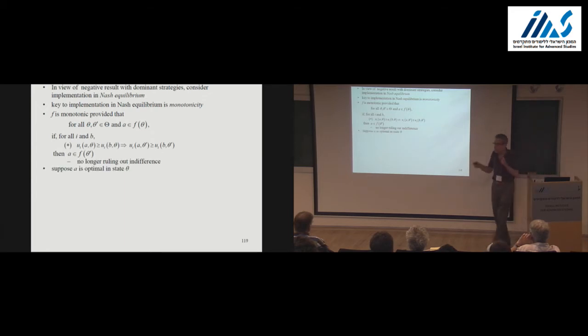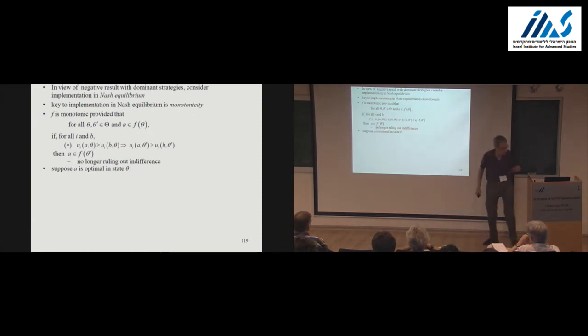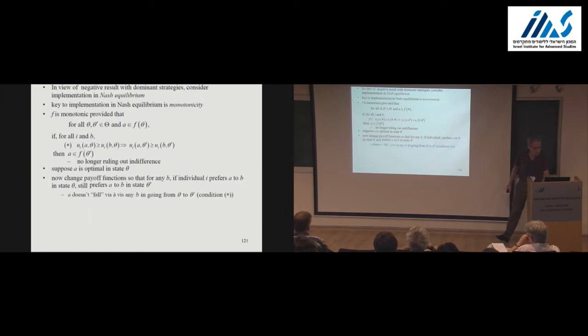Oh, and I should say that although we were ruling out indifference in the Gibbard-Satterthwaite argument, we're not going to rule out indifference anymore. These lines just repeat what I said about this formal definition.